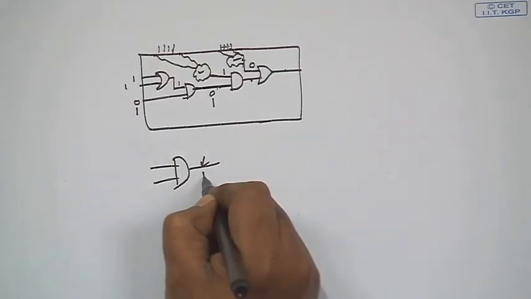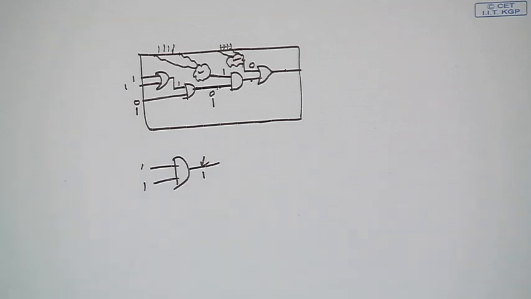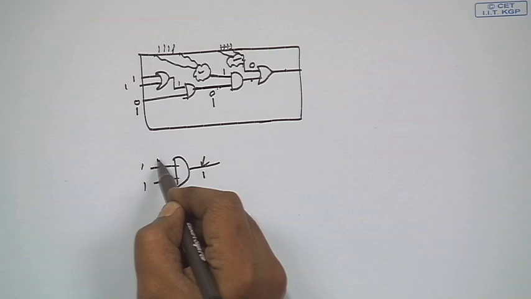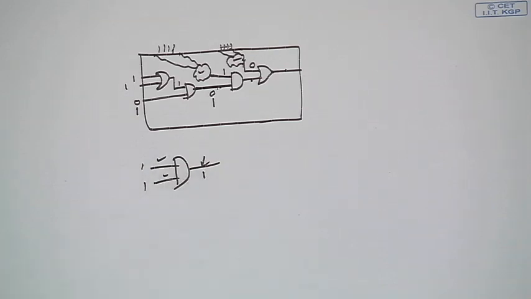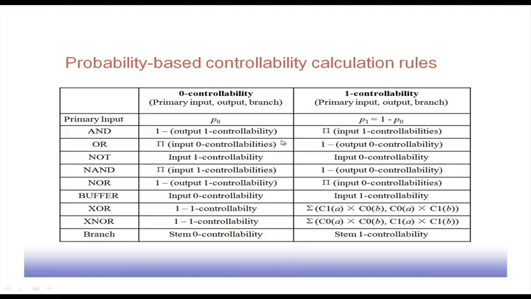If I want to get a 1 at this point, I have to make both inputs 1. So, the 1 controllability of an AND gate is basically the product of the input 1 controllabilities. We take the product of the input 1 controllabilities, and that will be the 1 controllability for the output, and the AND gate's 0 controllability is naturally 1 minus the output 1 controllability.